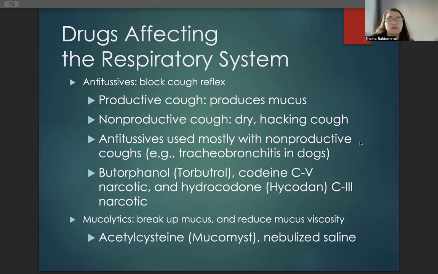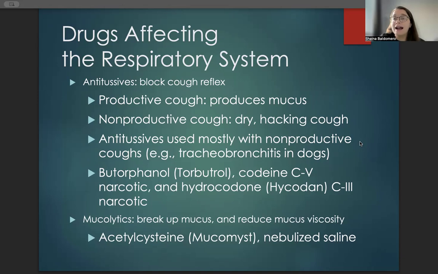Now, a non-productive cough is kind of where you feel that tingling, it's that dry, hacking cough that won't go away. And sometimes it's just really annoying, really persistent, over and over and over. There's nothing producing or coming up. It's just dry coughing. So, an antitussive, a medication that blocks the coughing reflex, is ideal for non-productive cough, right?